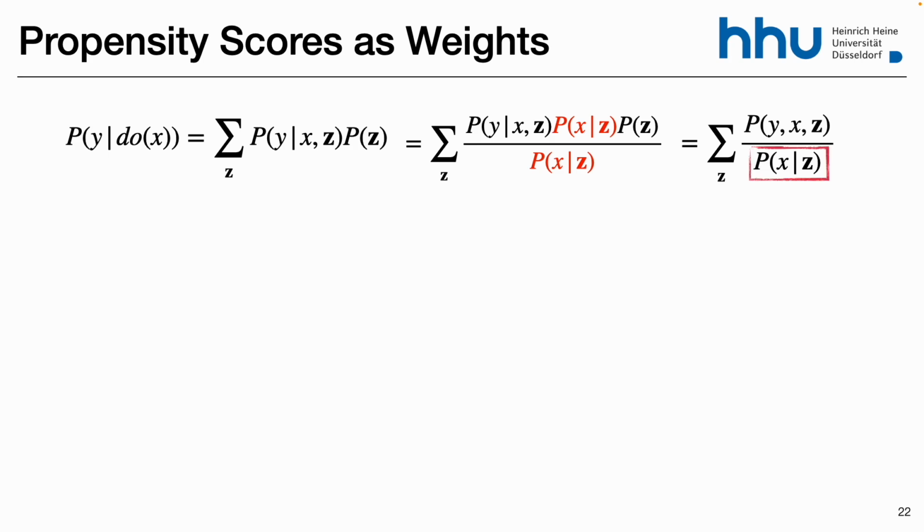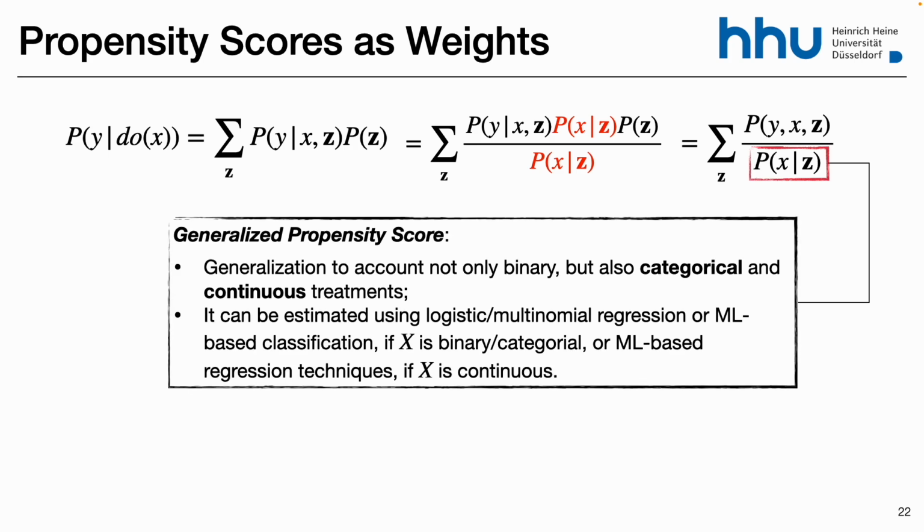As before, you can compute this probability of X given Z, and now it's called the generalized propensity score because it's not X equals 1 or 0, it's for any value. It's generalized to not only binary variables, but also categorical and continuous ones. Instead of using logistic regression, you can use multinomial regression, or instead of binary classification, multi-categorical classification.